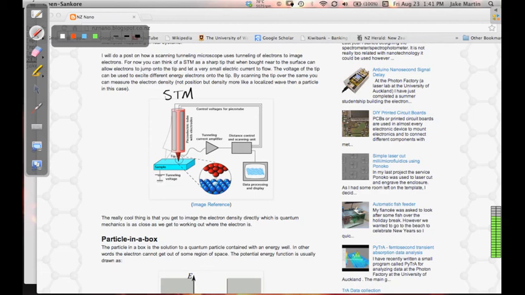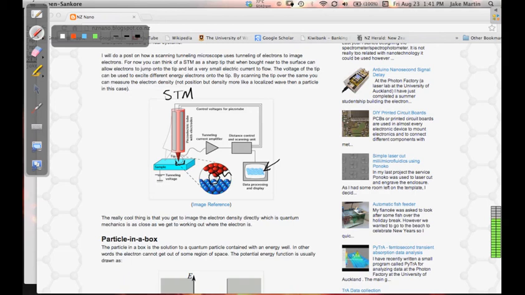Usually, by changing the voltage, you can excite different electrons out of your sample, and they go into the tip, and you can measure the current, or the number of electrons per second, the coulombs per second, and that can give you an idea of how close you are to your atoms. As you go over your atoms, you've got a feedback loop that can maintain a constant current, and what you end up doing is building up a whole bunch of traces at different positions.